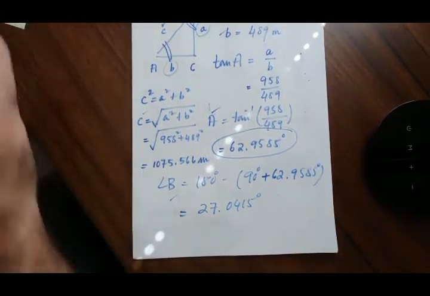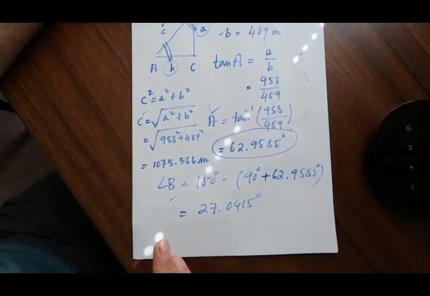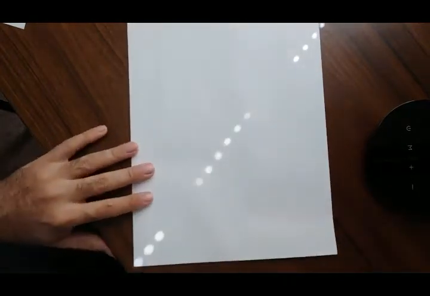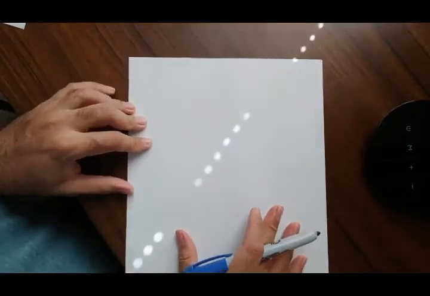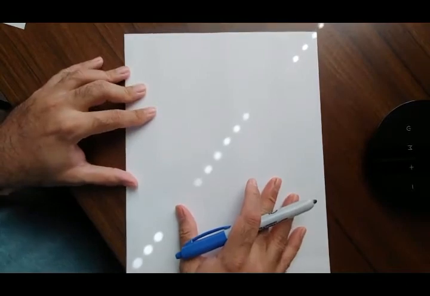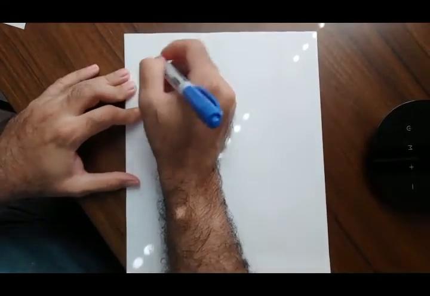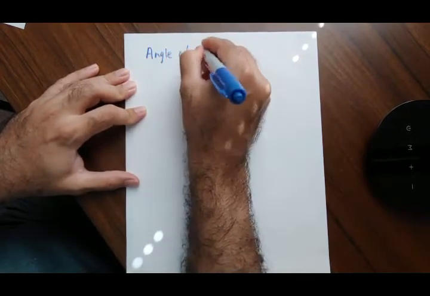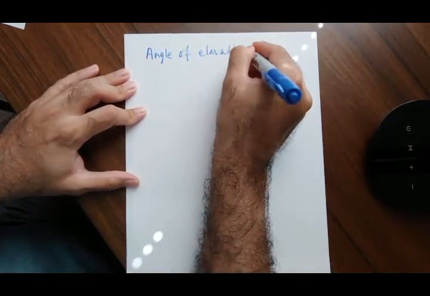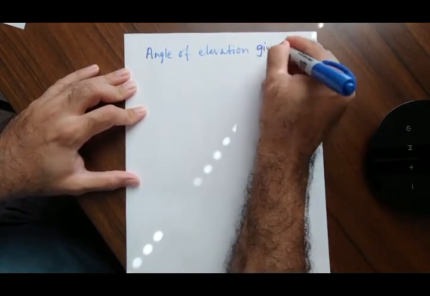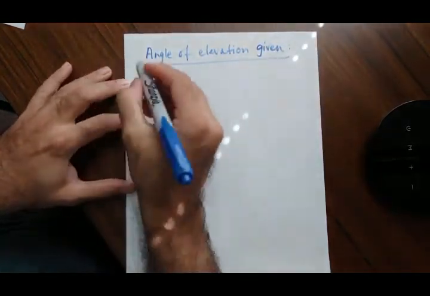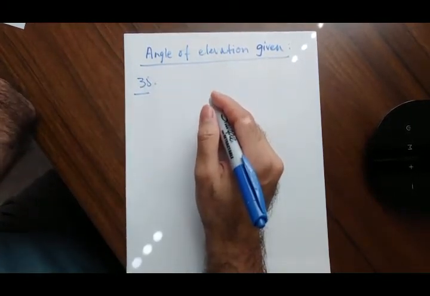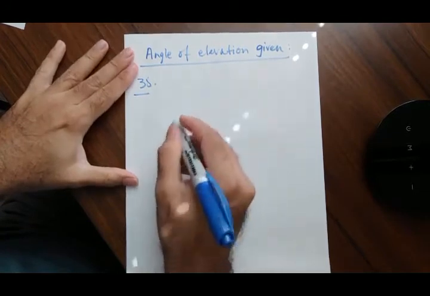Now let's try one word problem, which involves angle of elevation. So this is the problem for finding the sides of the triangle, with the angle of elevation given. It's number 38. So if you look at the book and read the problem, what it's saying is there is a searchlight here.